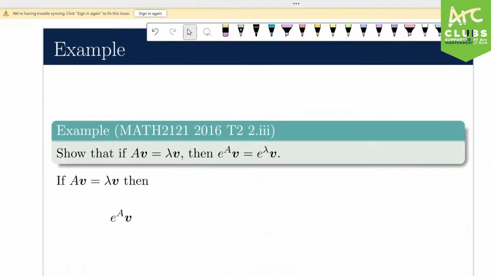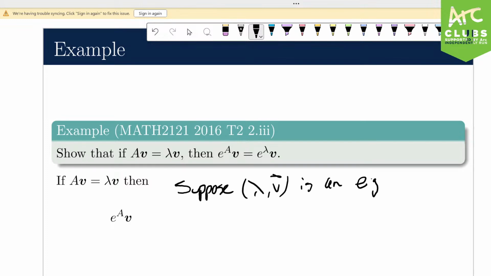So we're going to quickly look at a problem, and I'm going to provide a bit of insight as to a result in here that we want to use. I'm just going to show you what that result is real quick. Suppose that lambda and v is an eigenpair of some matrix A. Then we can say that Av equals lambda v.